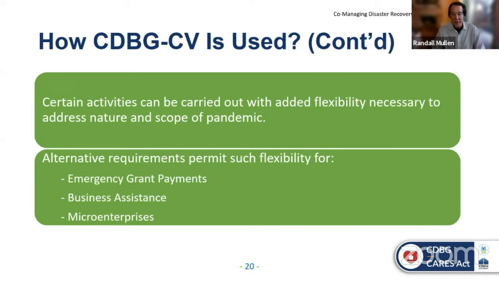Certain CDBG-funded activities can be carried out with the added flexibility necessary to address the dangerous nature and extensive scope of the pandemic. Let's take a look at the alternative requirements that permit such flexibility for three types of activity: emergency grant payments, business assistance, and microenterprises. Next slide.